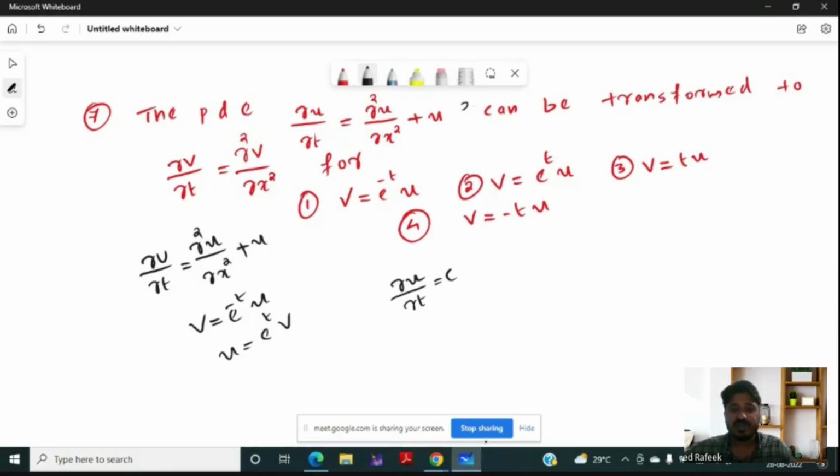First into derivative of second: derivative of e raised to t is e raised to t, so v e raised to t, plus e raised to t into dou v by dou t. Understand, v is also a function of x comma t. Next, dou square u by dou x square.